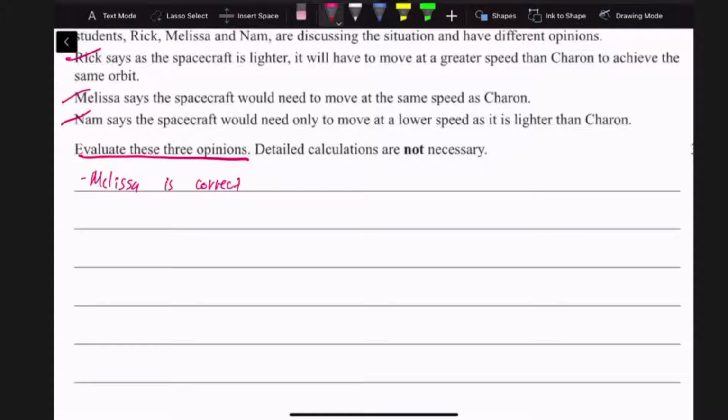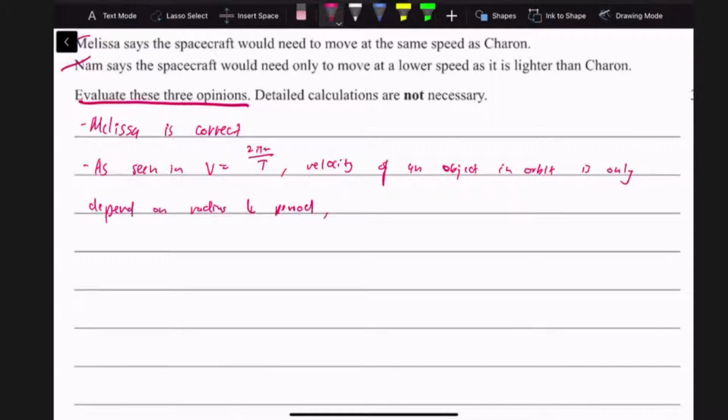And then we have to explain why. So this is 3 marks. So I discussed, first I said, as seen in v equals 2 pi r on t, velocity of an object in orbit is only dependent on radius and period.